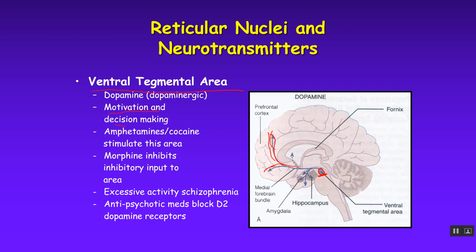Also, with the antipsychotic medications, because you're blocking some of the D2 receptors, remember, D2 receptors are involved with inhibiting the indirect loop. And when you block that, now the indirect loop gets a little active. So with antipsychotic medications, they get dyskinesias. They get too much movement.